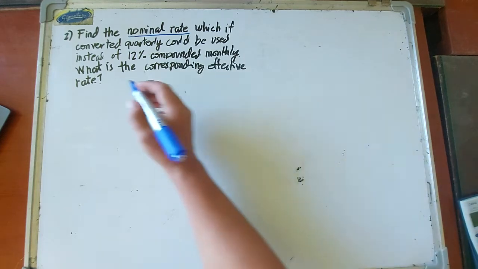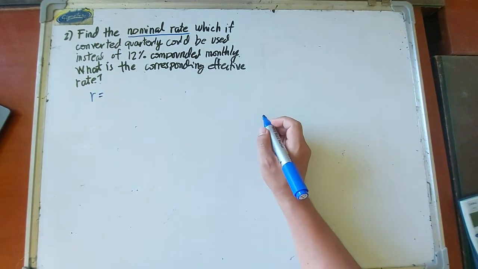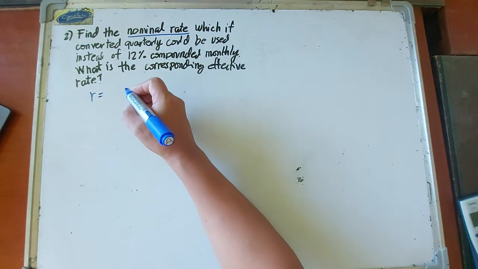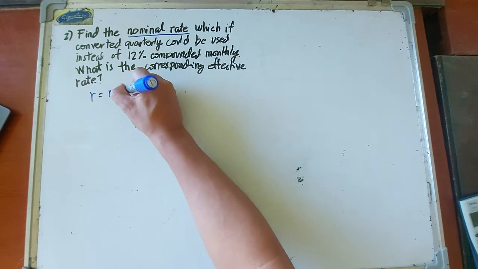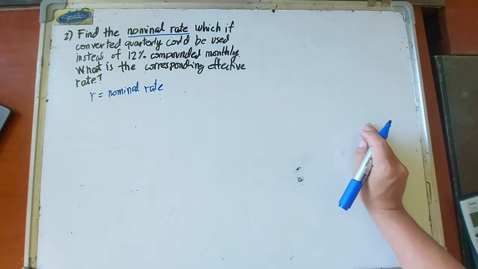So let's denote R to be the unknown nominal rate compounded quarterly.